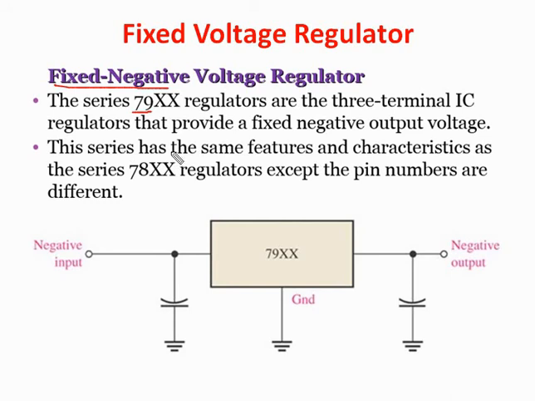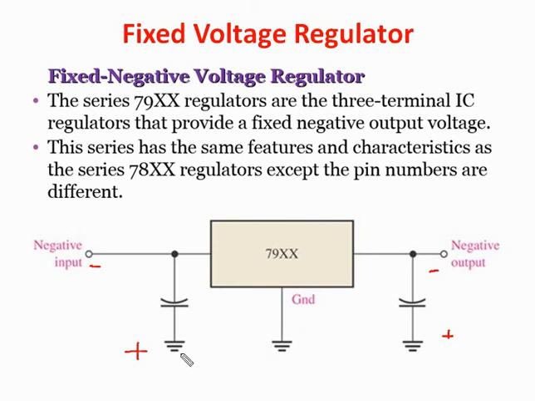This series has the same features and characteristics as the positive voltage regulator 7800 series, except the pin numbers are different. The pin numbers differ from the positive voltage regulator, but the characteristics and construction are the same. In the 79 series, negative input voltage is applied here, and here we get a constant negative voltage with respect to ground.